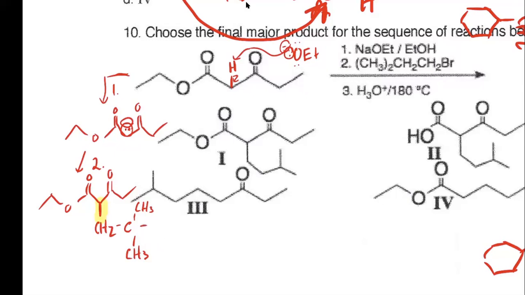We can keep it as one. I guess we can keep it as this for now. I'm not sure. We can keep it as this, and we'll see what happens. Okay. So after we have that alkylation, looking at the answer choices.